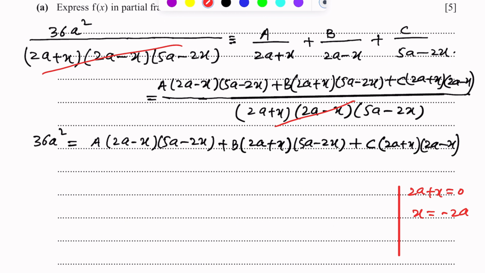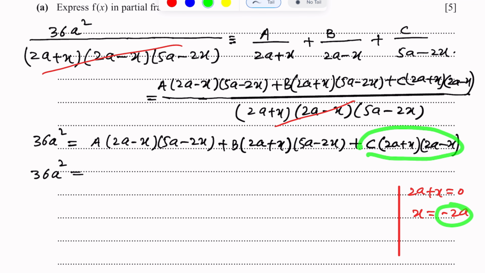On the left side we have 36a². The other two terms become 0 because 2a plus x is equal to 0, hence we can find the value of A.